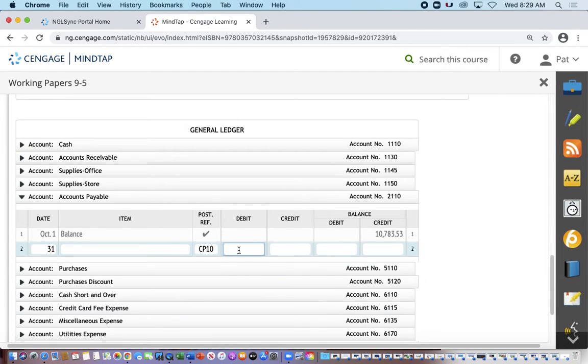So you have an accounts payable debit of 2,066. We have a credit balance, so we owed $10,783.53. We paid off a bill, so we subtract those two. We're left with $8,717.53. So we lowered our bill a little bit.